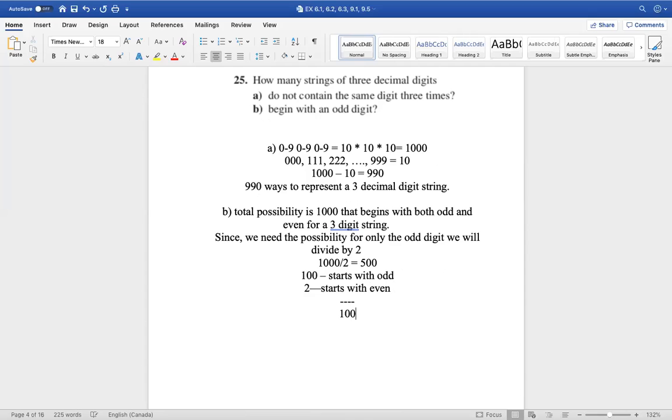So we have 1000 possibilities that start with both even and odd. Therefore, for only odd, we have 500 ways.